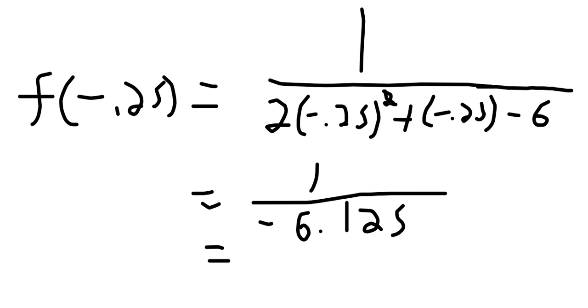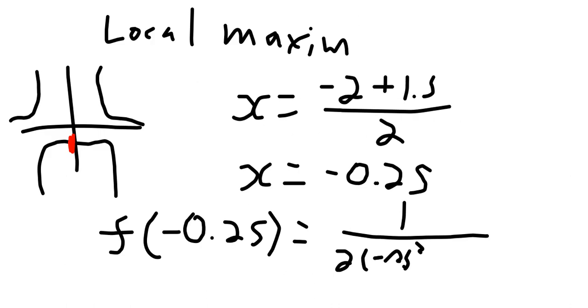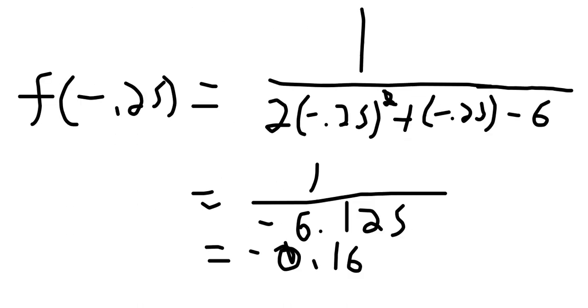So my actual value is going to be negative 0.16. That makes the y value of that top part negative 0.16.